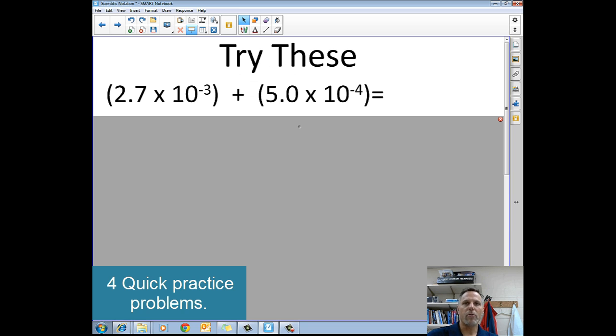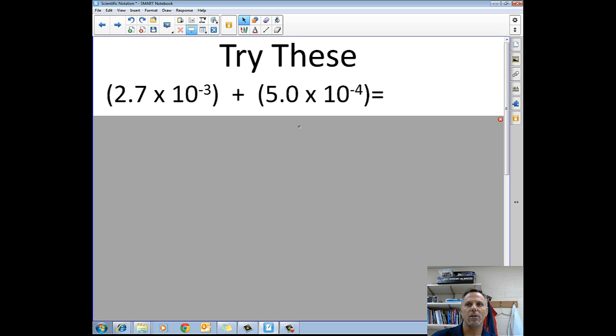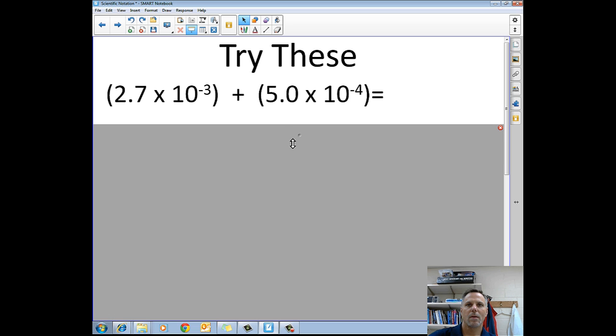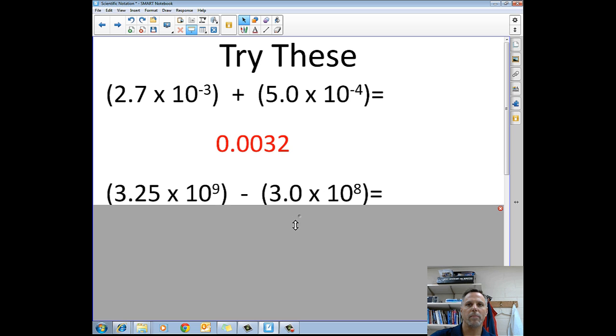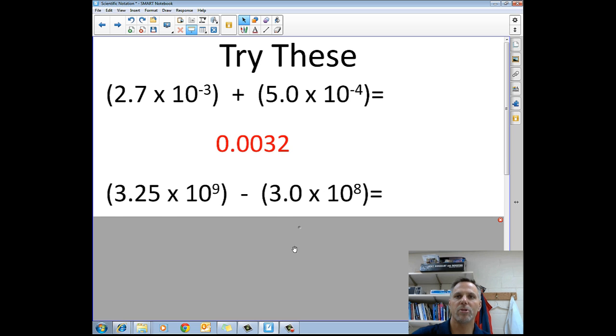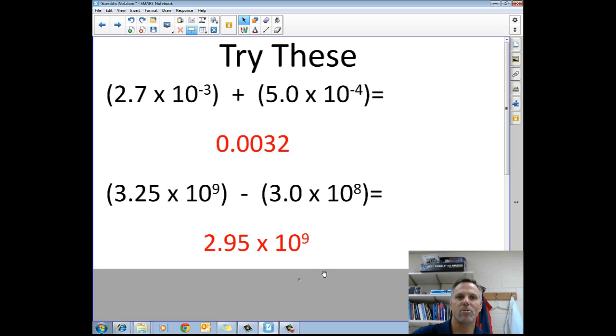So try a few more on your own. You can just punch these into your calculator, put this on pause. When you're done, I'll scroll down to the answer. So go ahead and try this one. And here's the answer. Go ahead and try this next one. Put this on pause and go ahead and try this, and I'll give you the answer when you unpause me. The answer to this is 2.95 times 10 to the 9th.